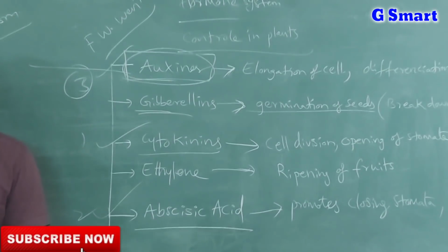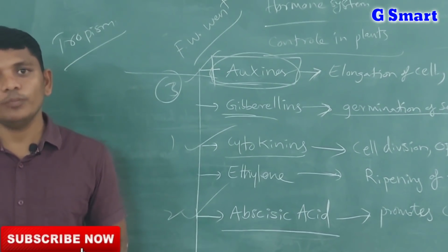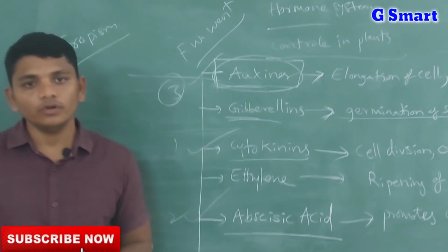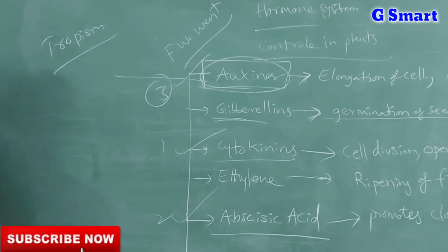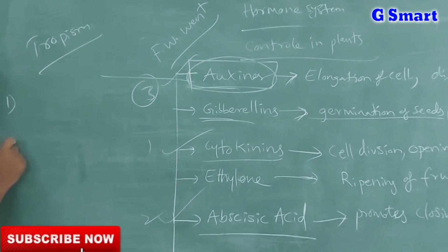Tropism is nothing but movement of growth. Growth is called tropism. Plants generally show some tropisms.